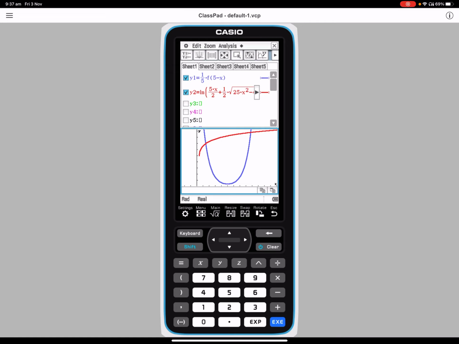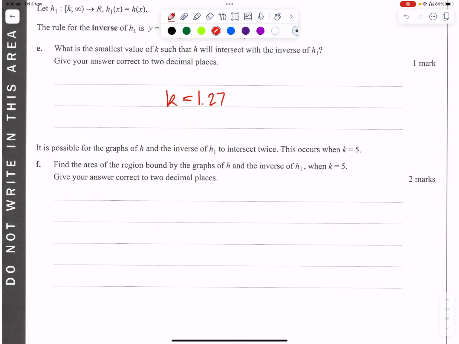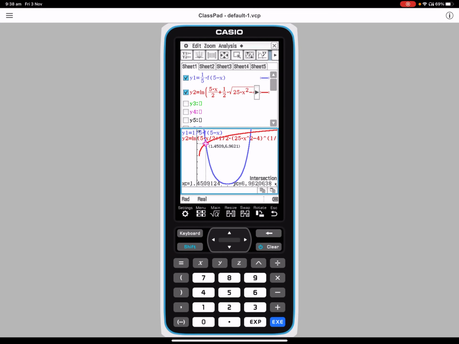If I were to intersect twice, this occurs when k equals 5. So find the intersection points. 1.4509 to the highest value, 8.7816.